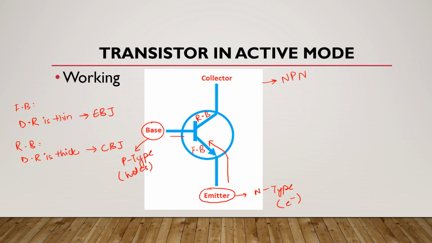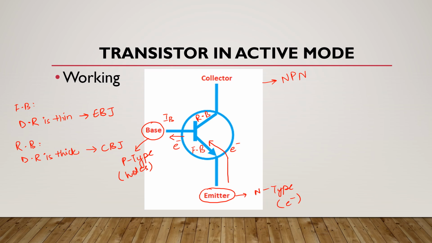So some of these electrons that are coming from this emitter region recombine with the holes that are present in this base region, and they flow out of this terminal. Now this constitutes the base current IB, which flows due to recombination of electrons and holes.